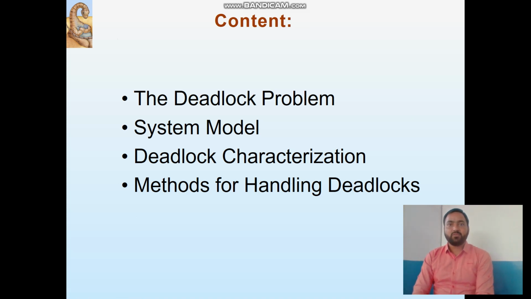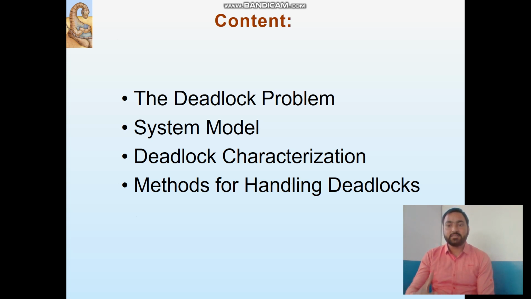For today we will be discussing the deadlock problem. Then, what is the system model for the deadlock? That means what are the main components included in the system which are characterized in the deadlock problem. Then we will have deadlock characterization.